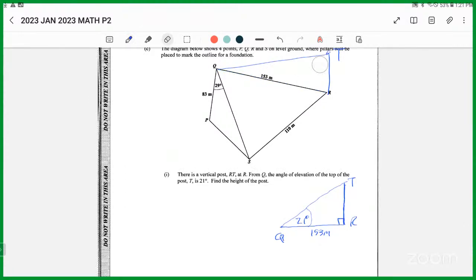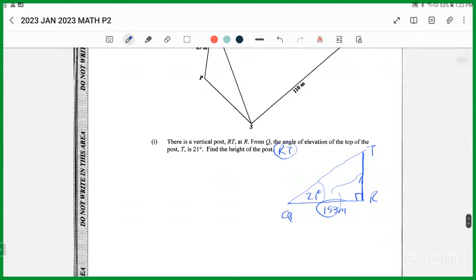It says find the height of the post. That is the height of this post right there, RT. Working in that triangle, let's use tan equals opposite over adjacent.